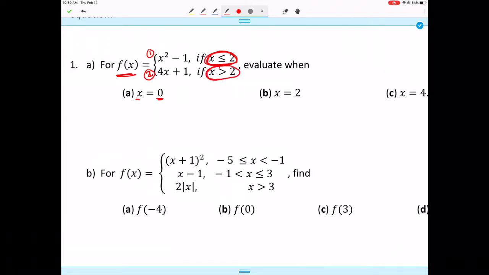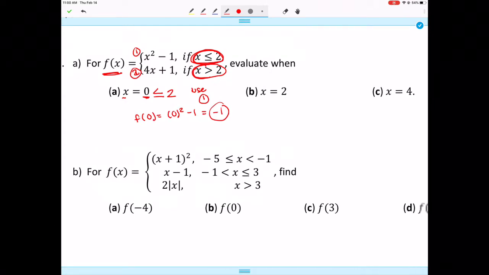And you'd say for sure 0 is going to be less than or equal to 2. So we will use the first equation. So we'll do f of 0 equals 0 squared minus 1 equals negative 1.